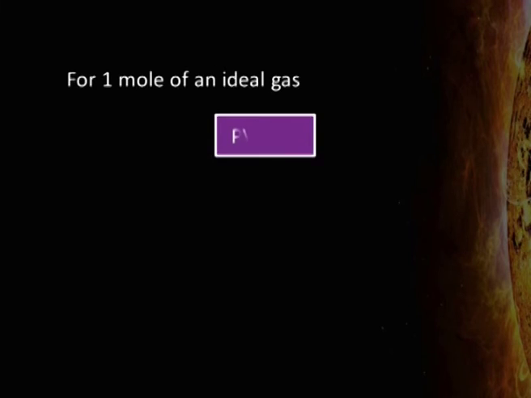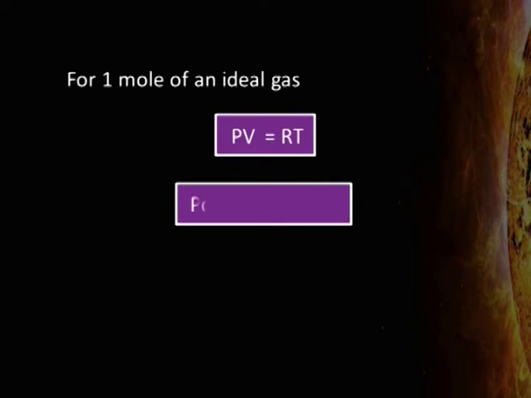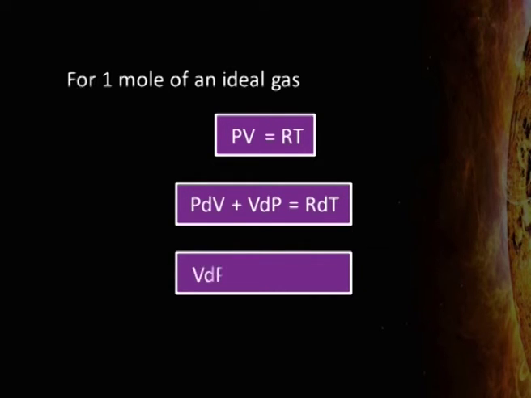You know that for 1 mole of the ideal gas, PV is equal to RT. So, putting this value, we will get P dV plus V dP equal to R dT, that is V dP equal to R dT minus P dV. This is given as equation number 8.